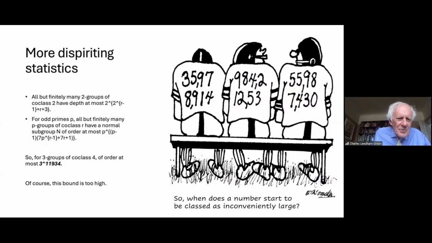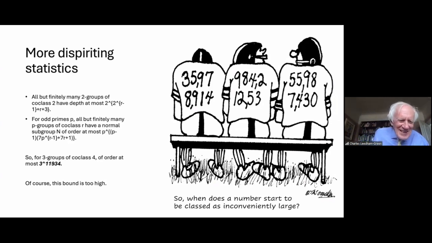For odd primes, again, you divide out by a normal subgroup of bounded order, and you've got a skeleton group. However, for 3-groups of co-class 4, you divide out by a group of order at most 3 to the 11,934, and now you've got a skeleton group.